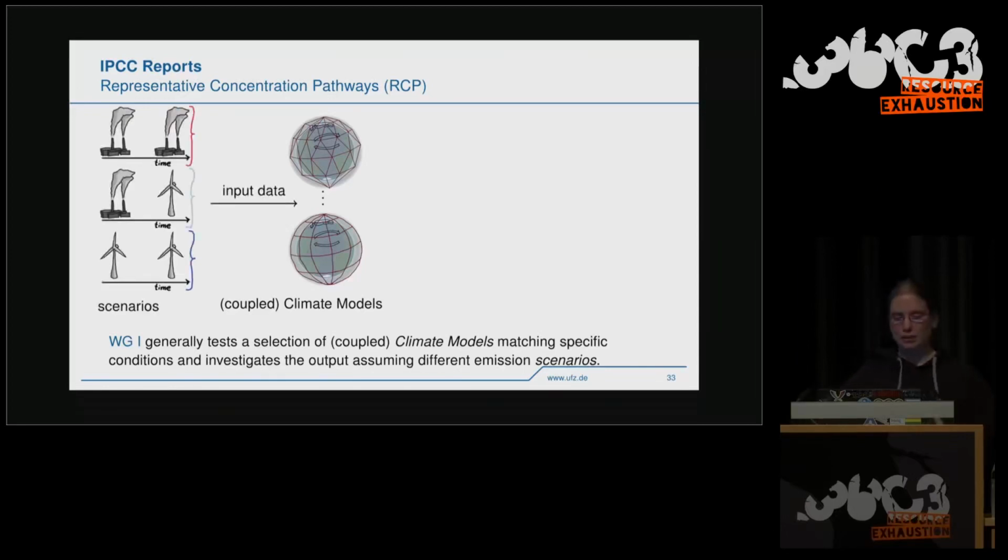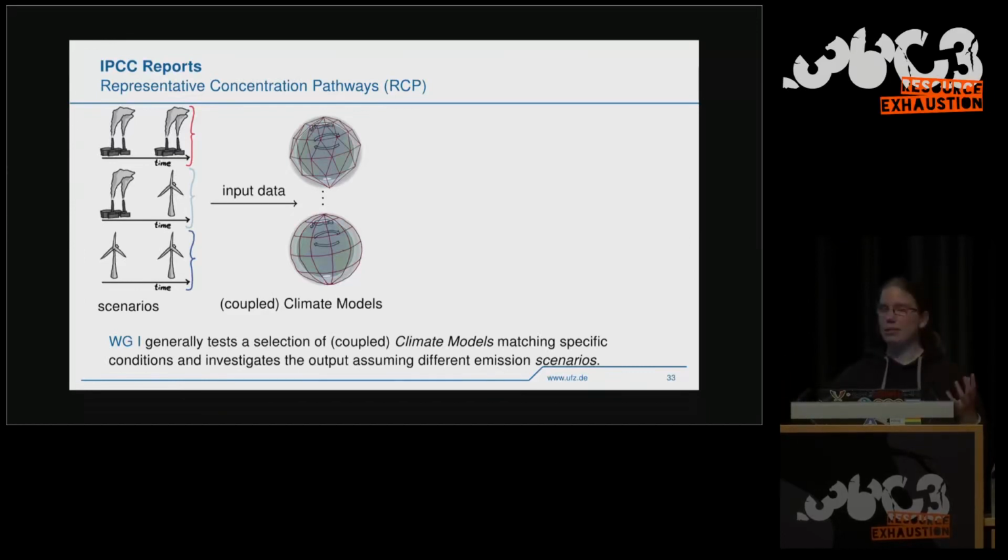The input scenarios would be, for example, the first one, where we just do business as usual and don't reduce carbon emissions. The second would be we start with our way we do it today, but we would slowly change to renewable energy. And the third one would be a scenario where we do it spontaneously now or so.